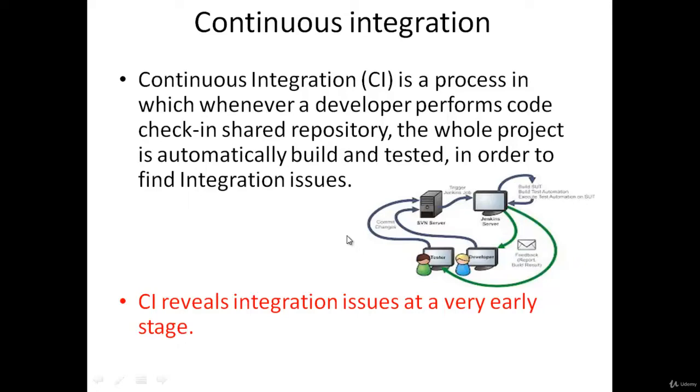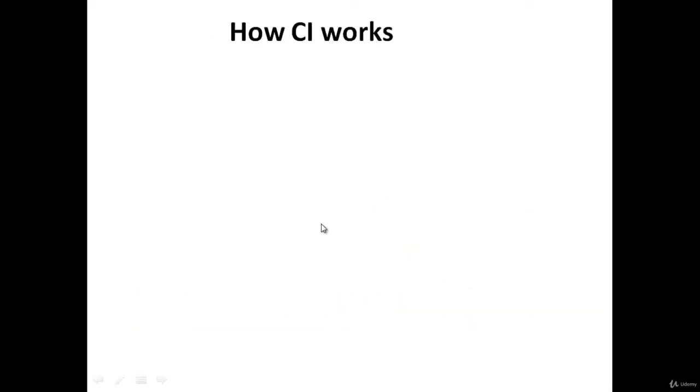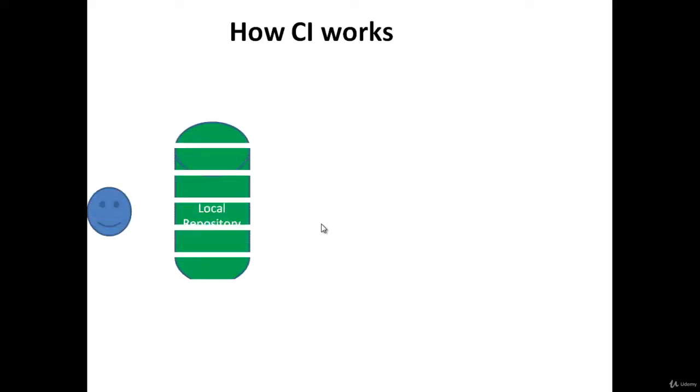A continuous integration system reveals the integration issues at a very early stage. Let me take an example of how the entire CI system works. As a developer, I check in the code to a local repository.